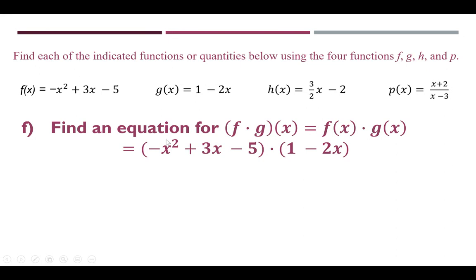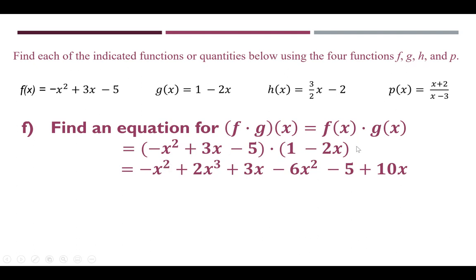You have to remember to take each of the three terms in the first polynomial, or the first set of parentheses, and multiply each of those times each of the two terms in the second set of parentheses. So you have to be very careful. Negative x squared times 1 is negative x squared.